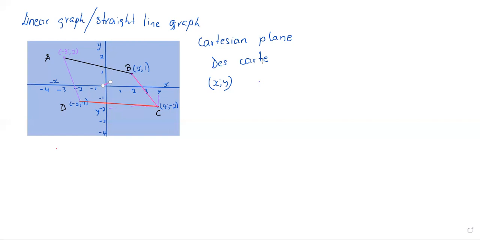Now, the equation of a line is given by y equals mx plus c. This part here, m, is called the slope, or we call it the gradient. And this one here, c, is the y-intercept.